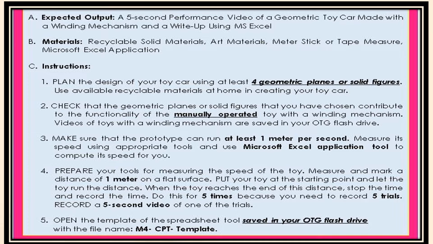So let's start. Number one, you have to plan the design of your toy car using at least 4 geometric planes or solid figures. Use available recyclable materials, just like what I have mentioned earlier, in creating your toy car.